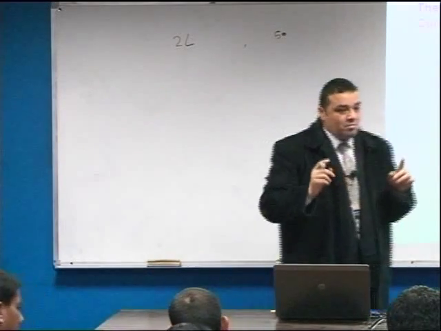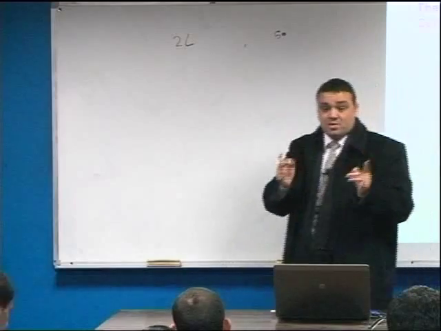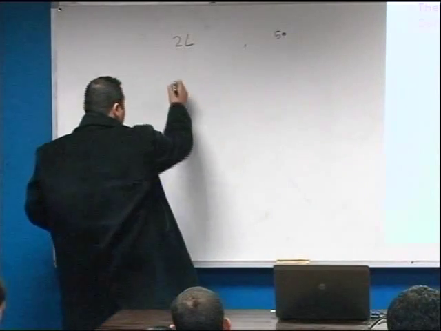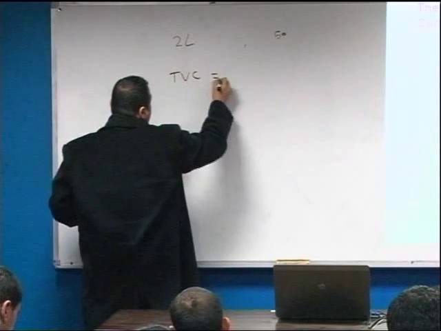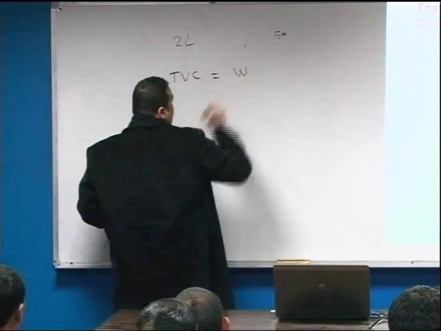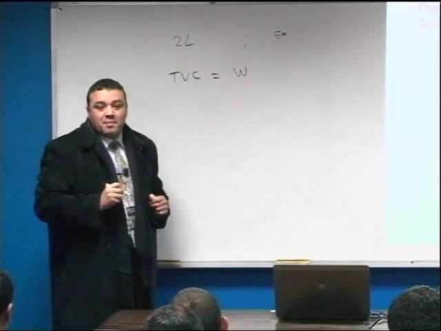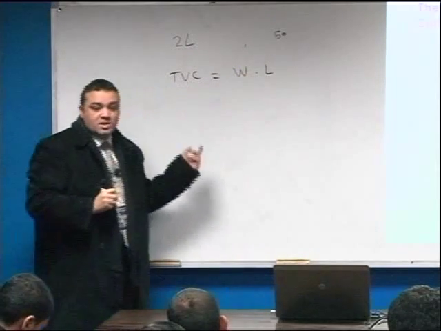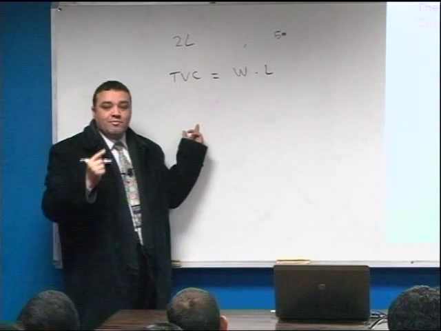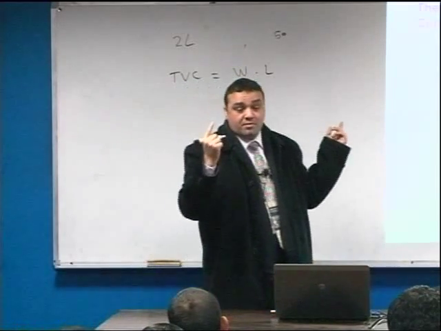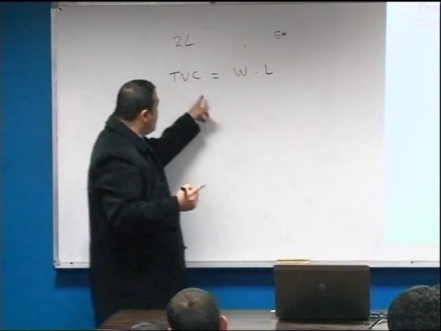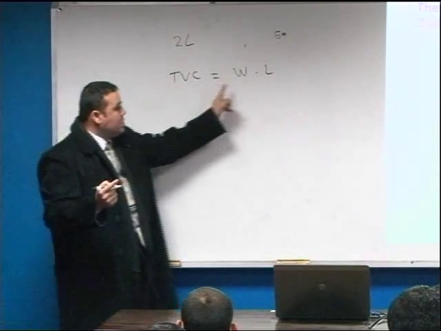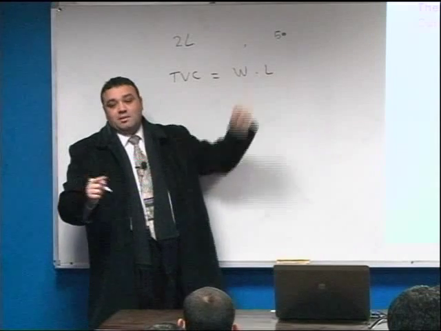How much is the total variable cost that you pay per day? TVC in this case equals the wage that you pay times the number of workers, L, right? So in the short run, if we have only one variable factor, labor, the total variable cost equals W times L, right?